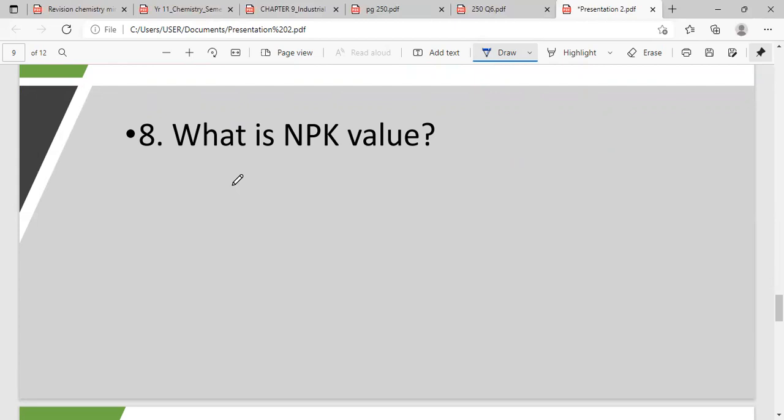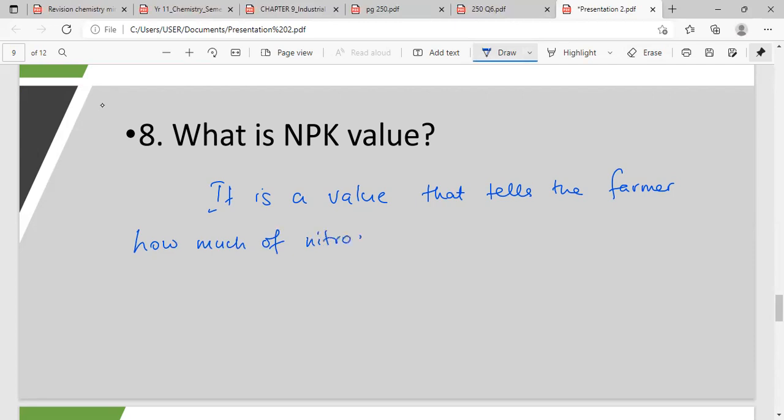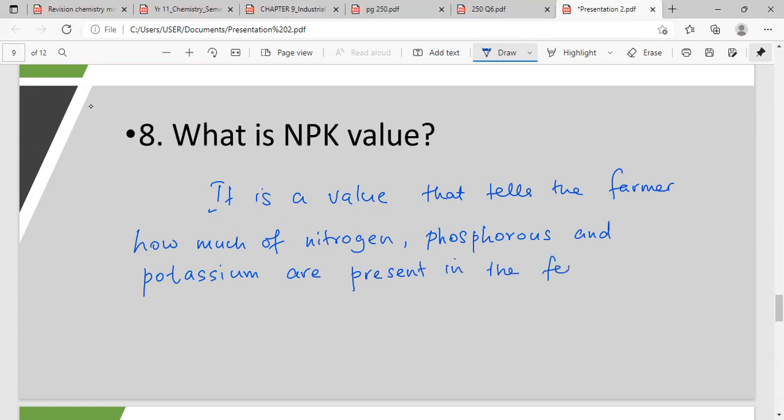The NPK value is the value that tells the farmer how much nitrogen, phosphorus, and potassium is present in the fertilizer, because we're talking about NPK fertilizer. Okay, good.